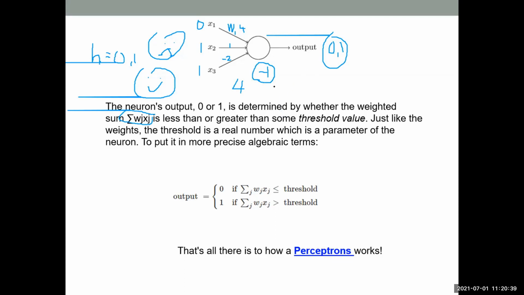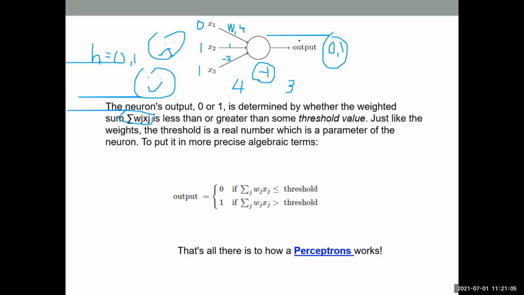So we'll say whenever this is, let's say, greater than 3, we're going to output a 1. And whenever it's less than 3, we're going to output a 0. So this is -1, which is less than 3. So we're going to output a 0. If we had gotten 10 here, that would be greater than 3, then we would output a 1.